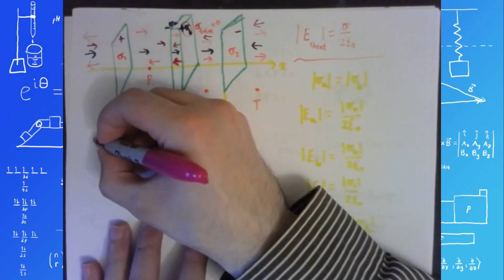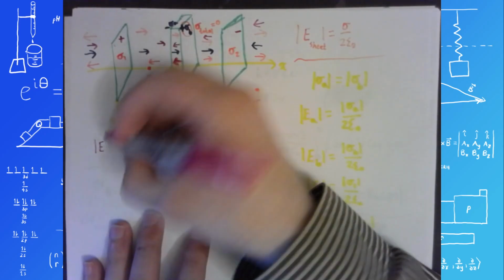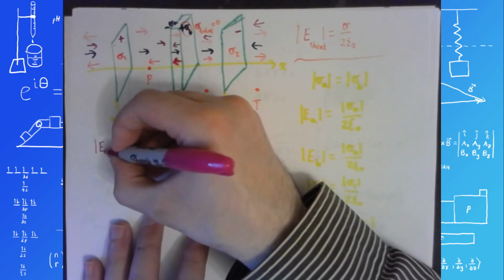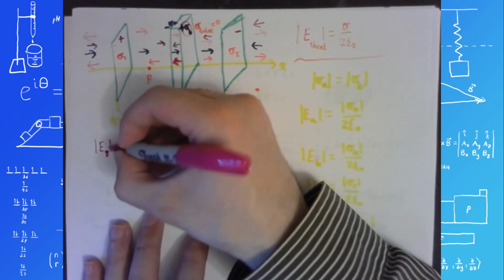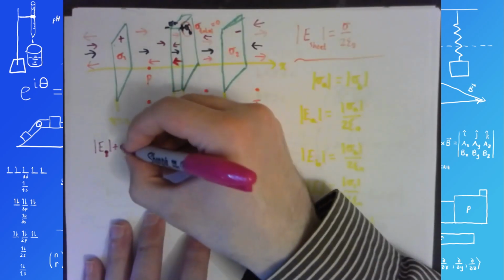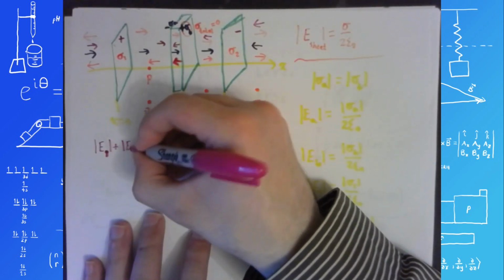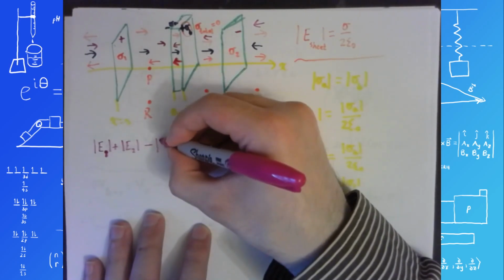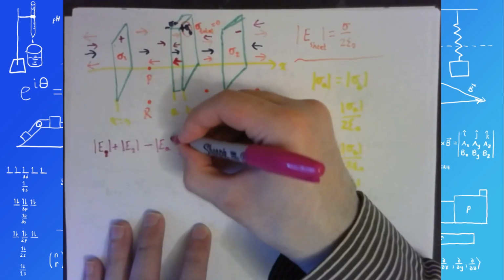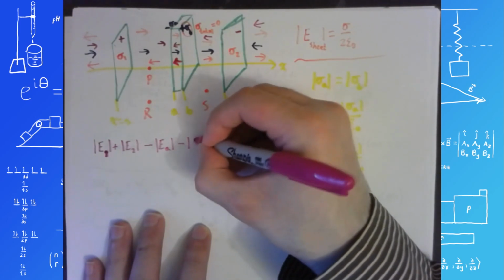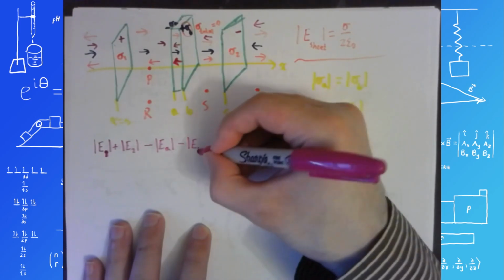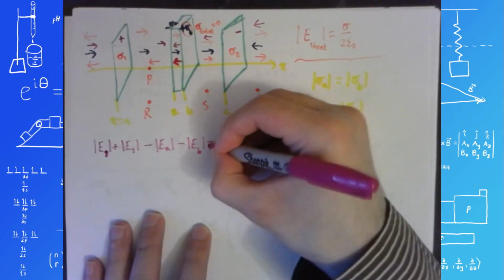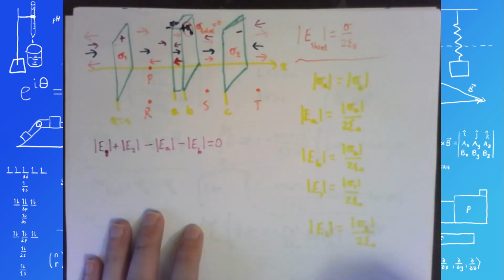So essentially, I have E1 plus E2 minus EA and also minus EB is equal to 0.